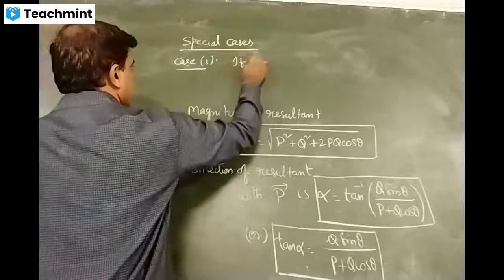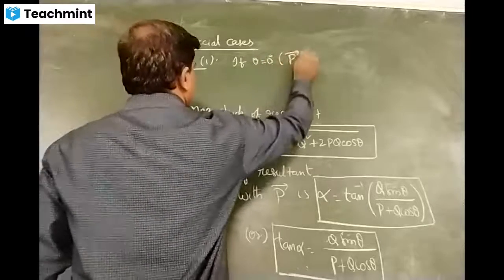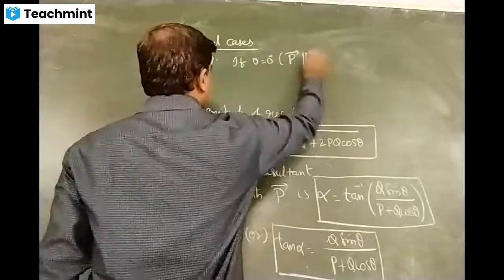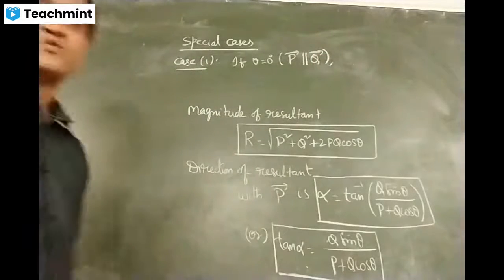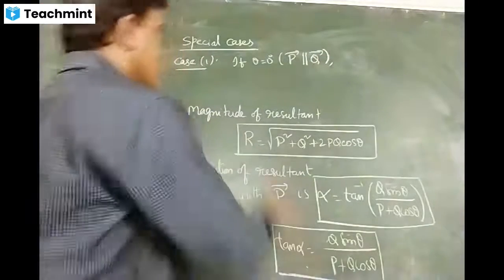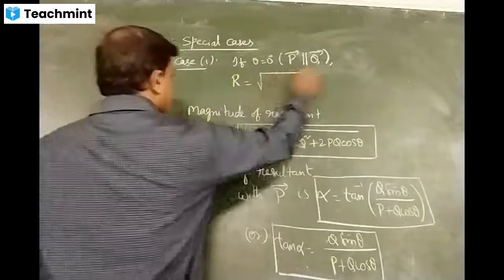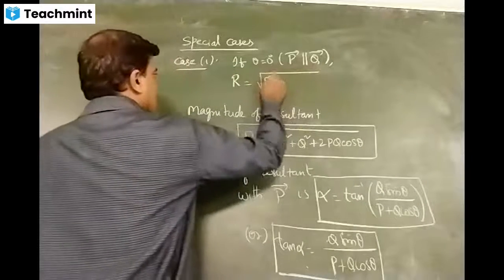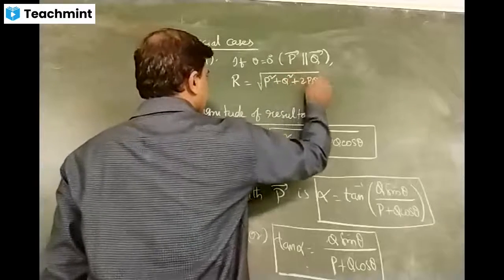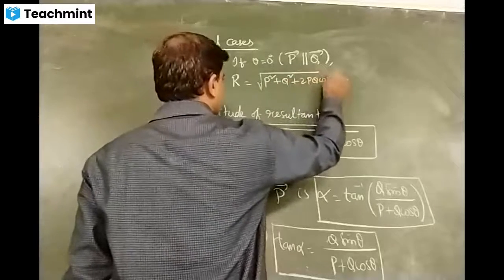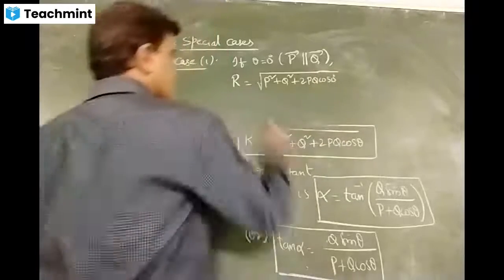If theta is equal to 0 degrees, that is P bar is parallel to Q bar, then I get the formula for resultant as R is equal to root over P square plus Q square plus 2PQ cos 0. Cos 0 is 1.